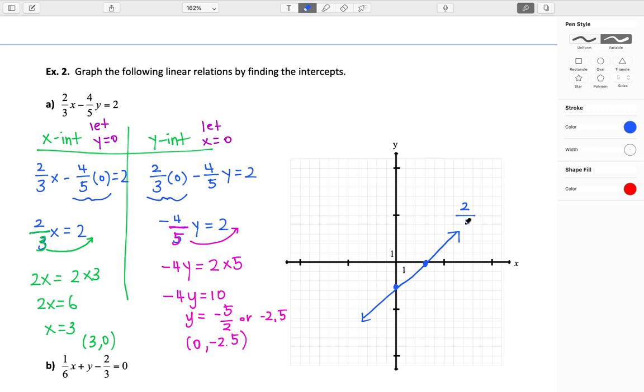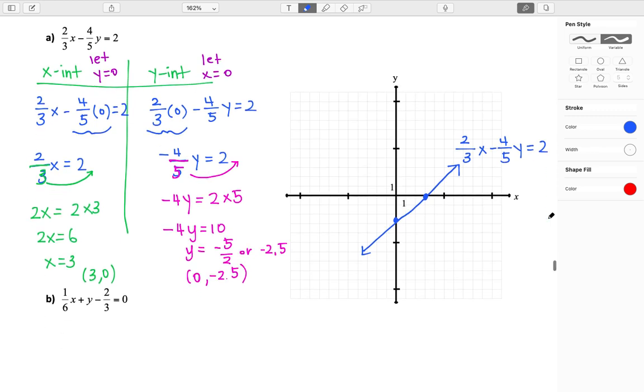So we could label 2 over 3x minus 4 over 5y equals 2. Then you'll do the same thing for letter B. Don't be afraid if it's a fraction; all you need to do is algebra by plugging in 0 for each variable.